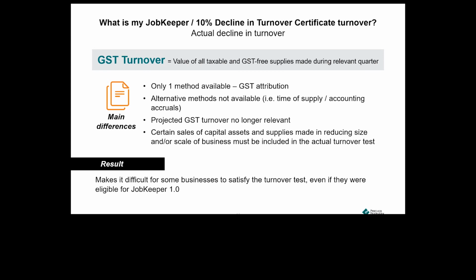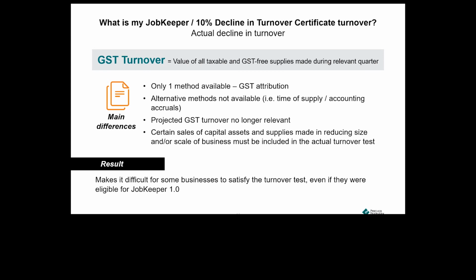And the main impact of that is that certain sales of capital assets or other supplies that are made in reducing the size or the scale of a business must now be included in your GST turnover for JobKeeper 2.0 and 10% decline in turnover purposes.